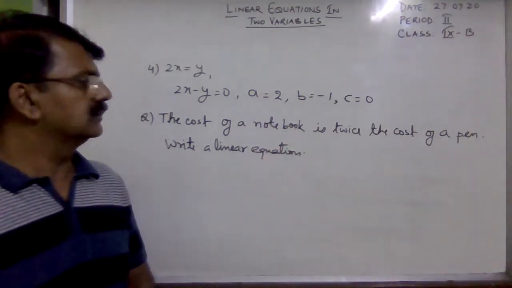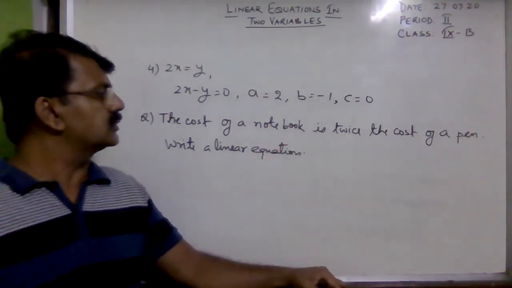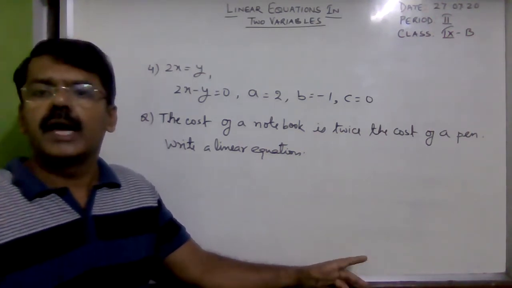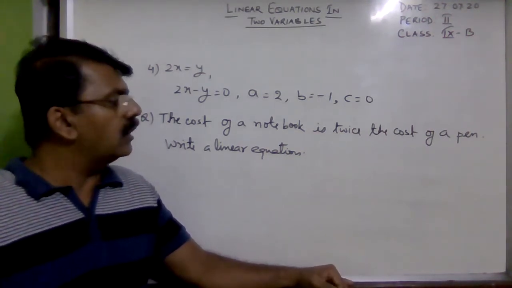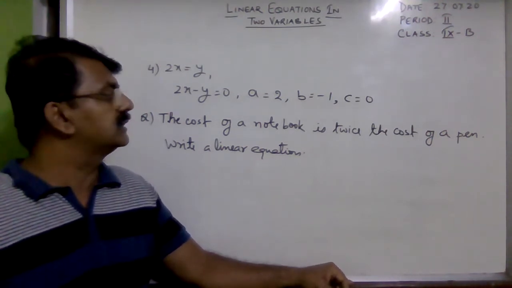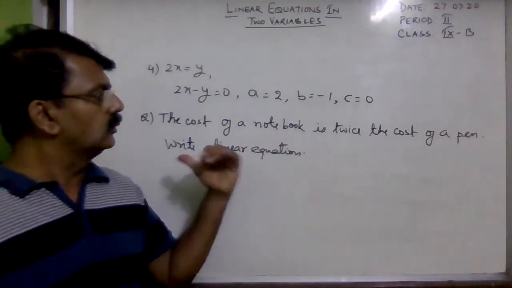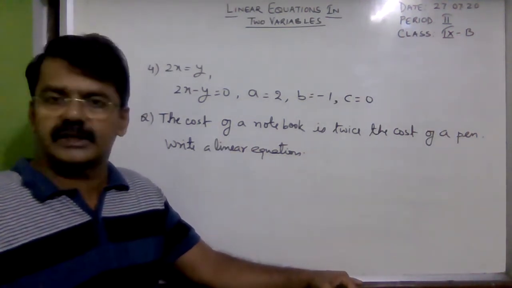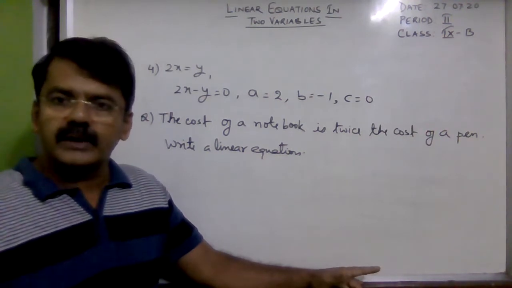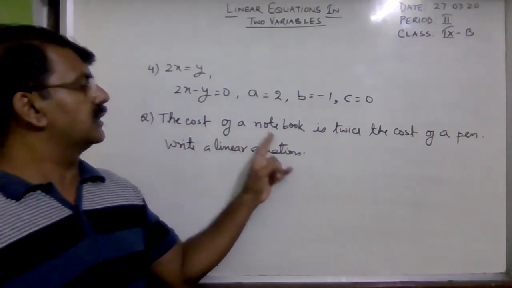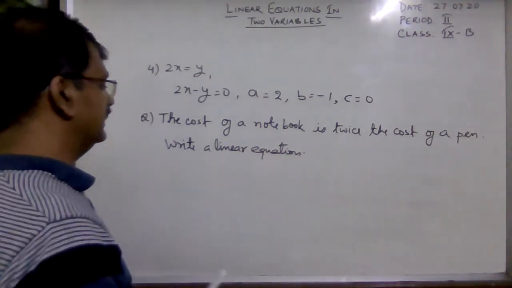Now you see the cost of a notebook is twice the cost of a pen. Write a linear equation. Now, as we are dealing with a linear equation in two variables, so the two quantities that are given in this question, we take one quantity as x and the other quantity as y. The cost of the notebook, so you will start like this.